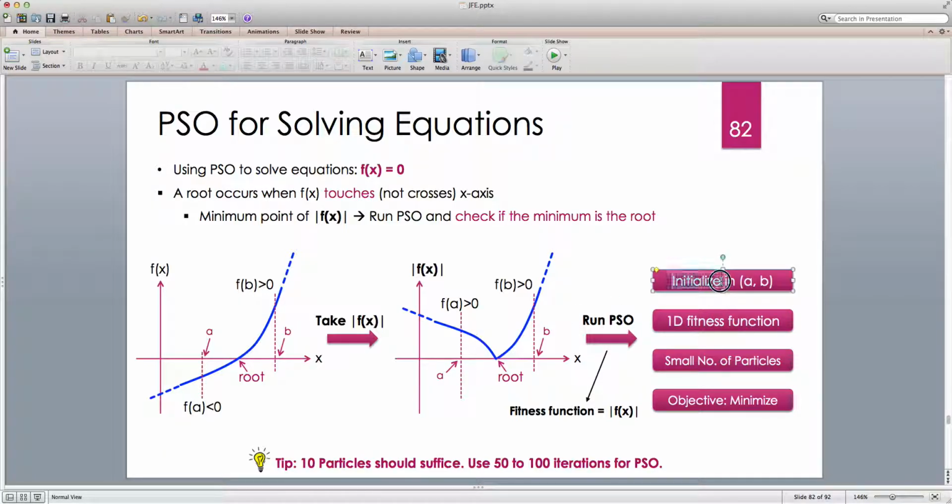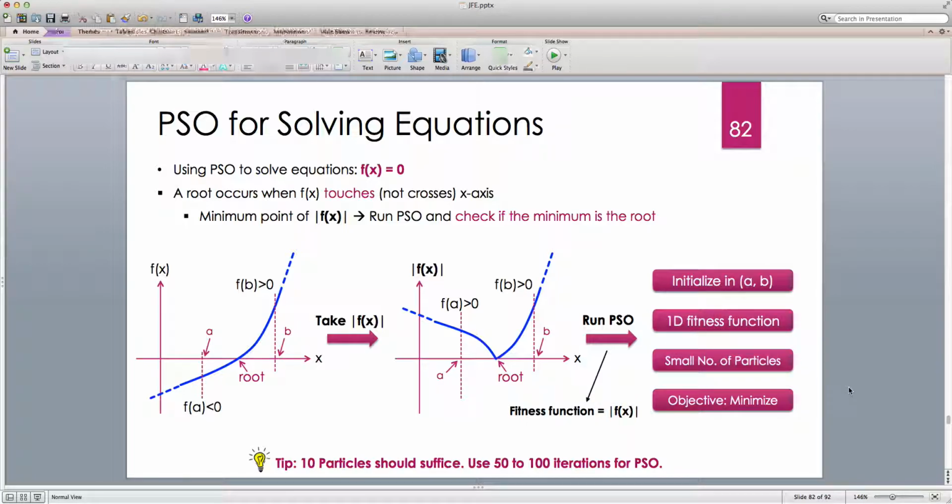So initialize the PSO in the a and b interval, set the fitness function to the absolute value of f of x, where f of x is the equation that we're trying to solve. Remember, f of x should be equal to 0. So if you have some terms on the right side, you have to bring them to the left, all right? So the fitness function should be absolute value of f of x.